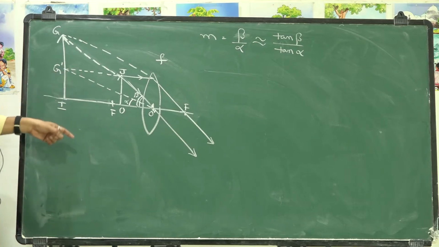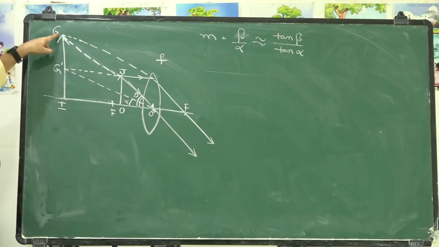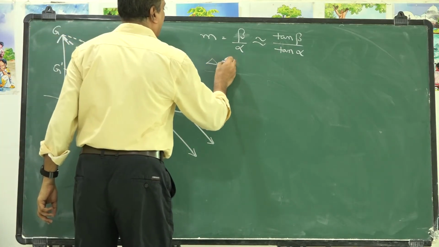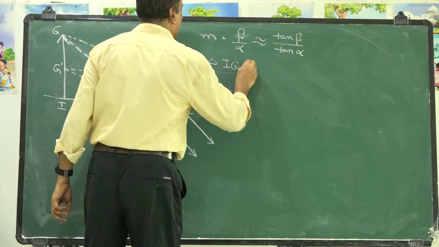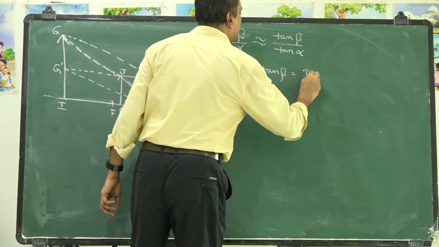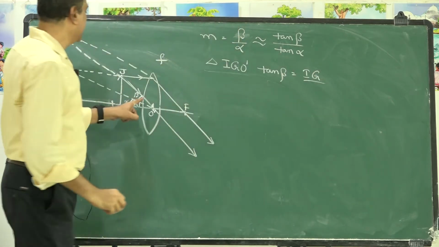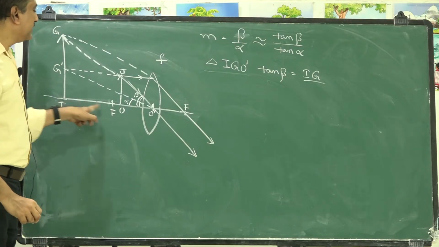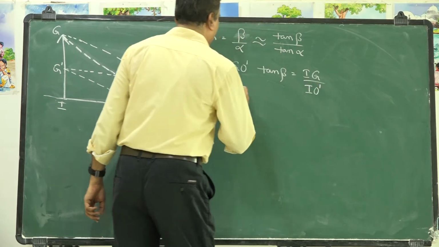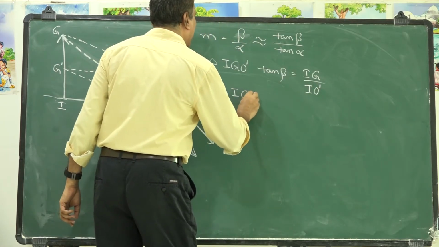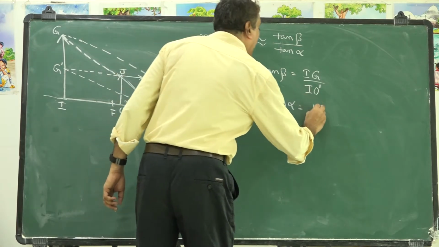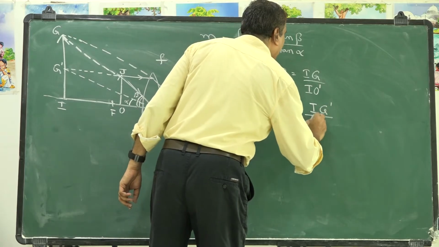Now from the triangle I G O dash, tan beta is equal to I G by I O dash, this is beta, this is the opposite side I G, and this is the adjacent side I O dash. And from triangle I G dash O dash, tan alpha is equal to I G dash by I O dash.